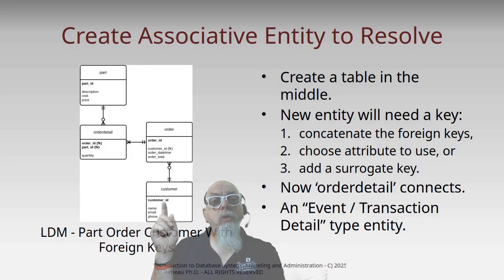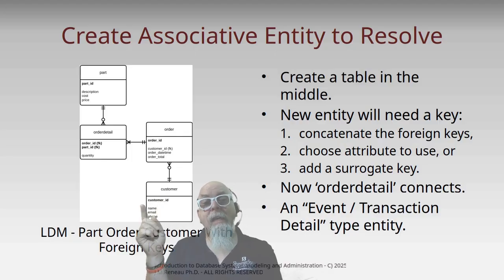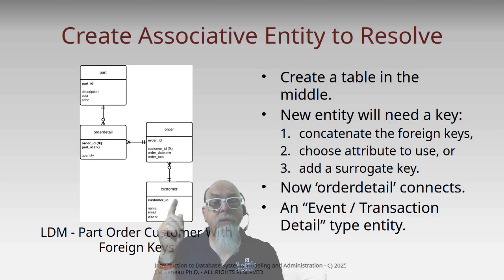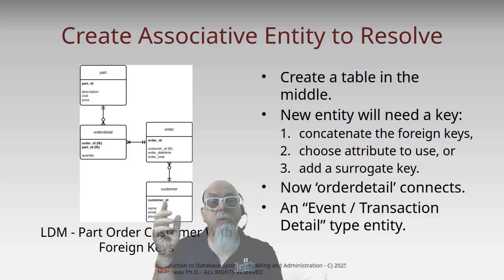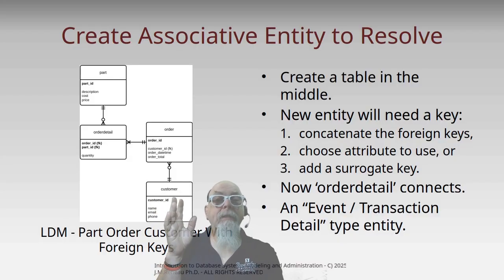Those two attributes that make up the primary key of the order detail are also foreign keys back to their one tables. We could have added a surrogate key if we'd wanted to, but this I think is really slick.